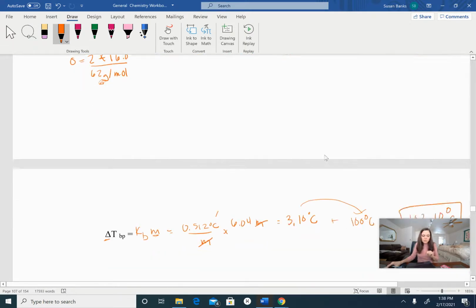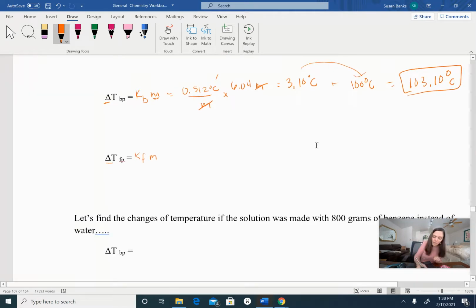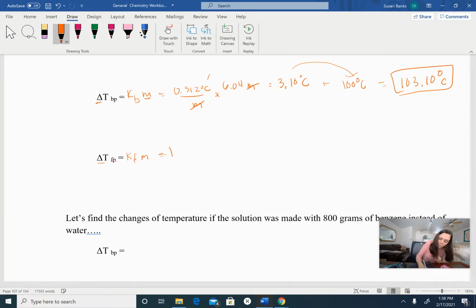Okay, so here we go. My freezing point constant for water is 1.86 degrees Celsius per mol. And the concentration of our solution is 6.04 molal. So our molals cancel out. We're going to take 1.86 and multiply it by 6.04.